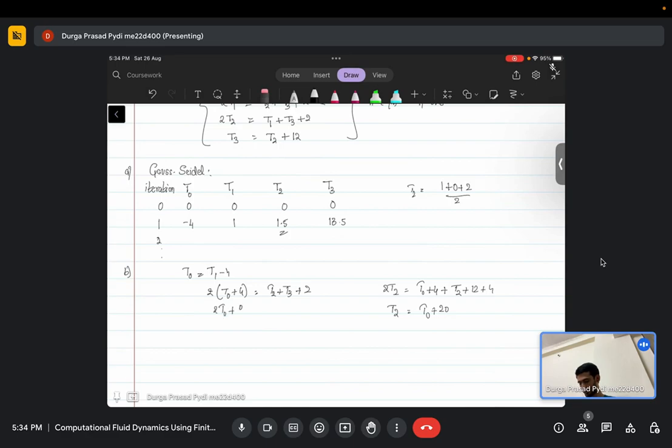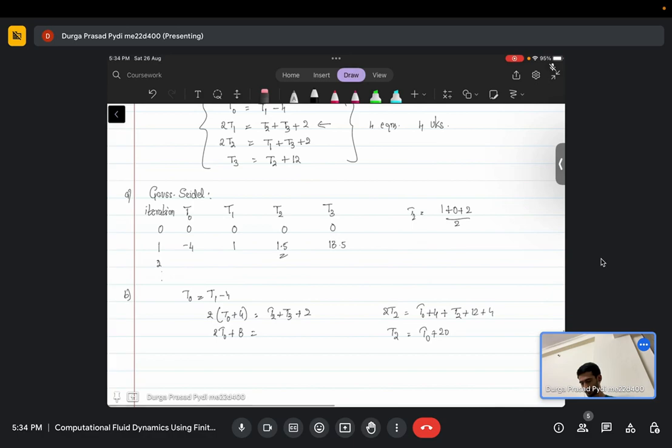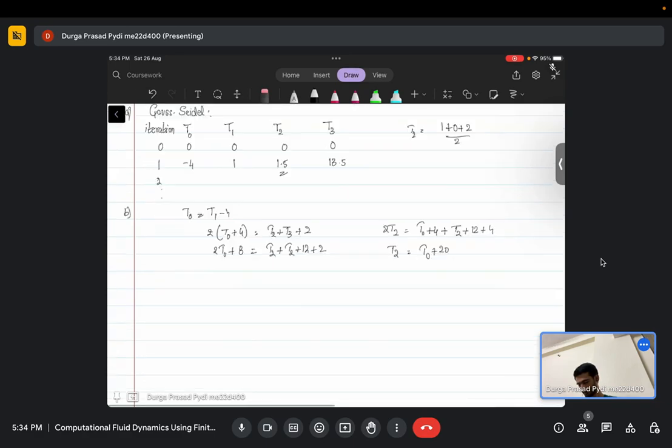It's T0 plus 8 equals T2 plus T3. T3 is again T2 plus 12. So you have 2T0 plus 8 plus 2T2, let's take it that side, and have T0 equal to T2 plus 3. So if you substitute back, T2 equals T2 plus 23.